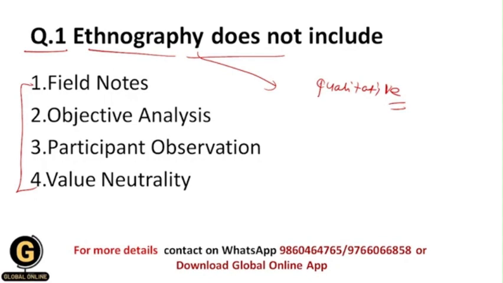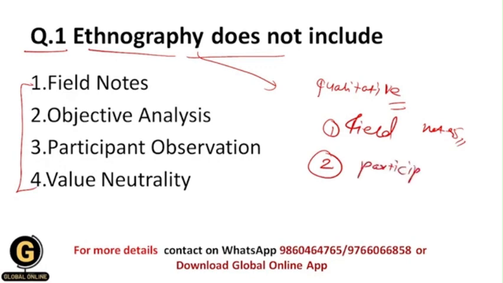In ethnography we use some methods for data collection. For example, we use field notes to collect data regarding a specific field, culture or society. Second, we also use the participant observation method.